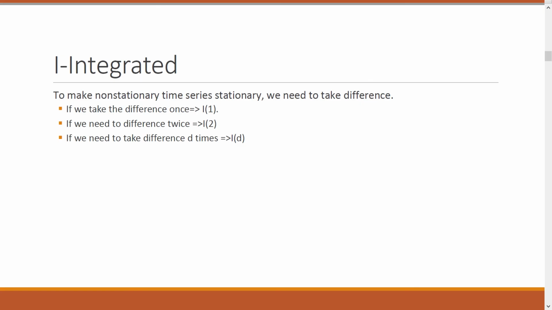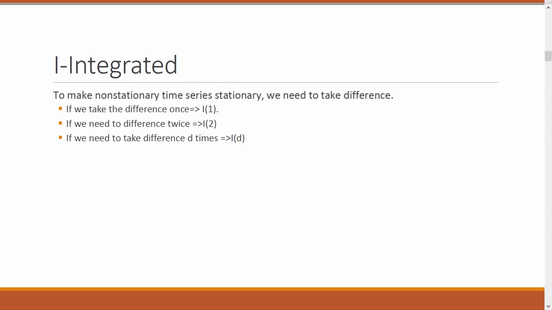And there's one component I didn't talk about so far, which is the I part. The I part is called integrated. The integrated part is really just used to deal with the stationary part. If the time series is not stationary, then we need to make it stationary first, then consider the MA part and the AR part.